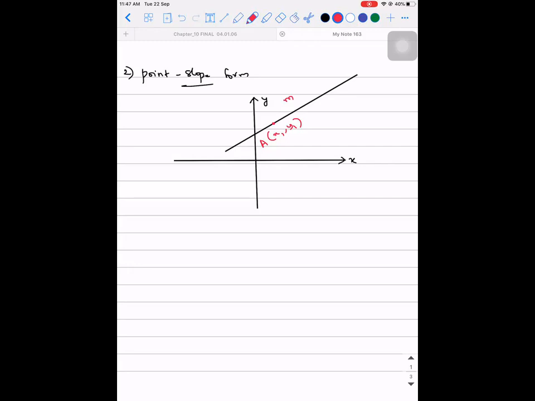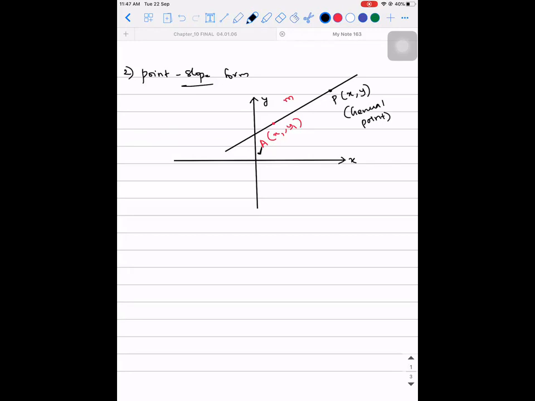For us to write the mathematical definition of slope, how many points are needed? 2 points, right? Out of which 1 point is a fixed point, which is given to us. The second point that we are going to consider will be point P, which is x comma y, a general point.